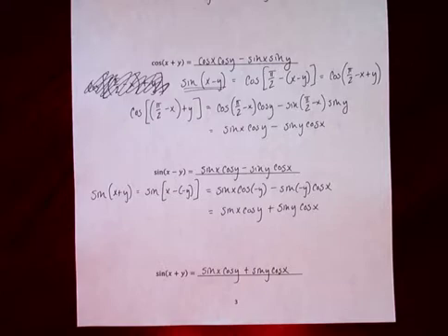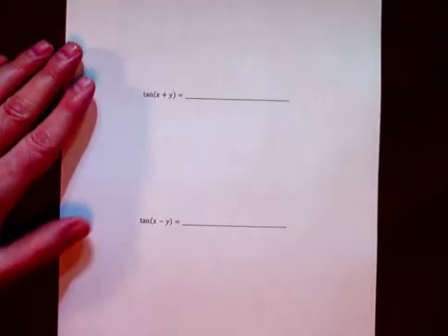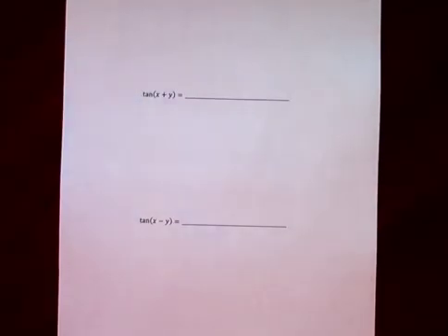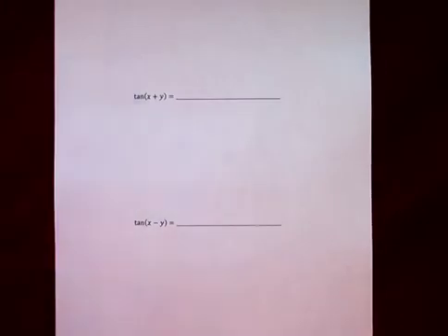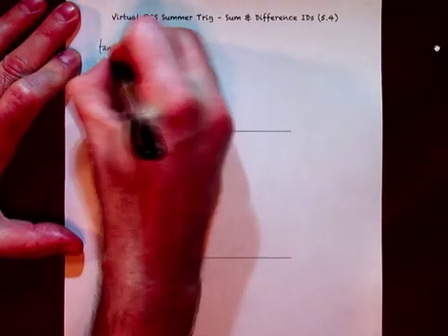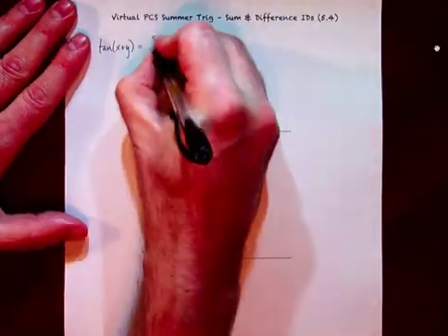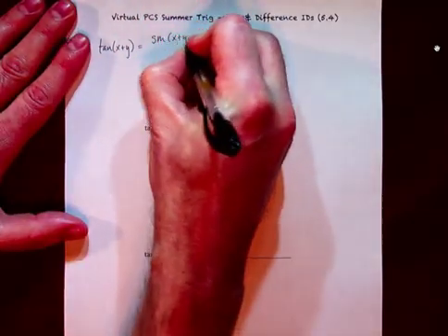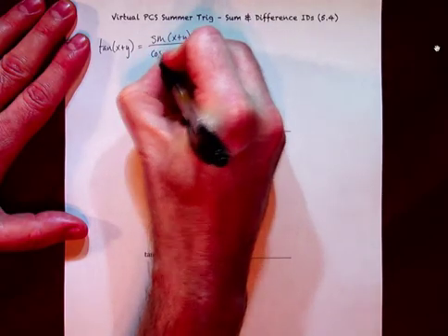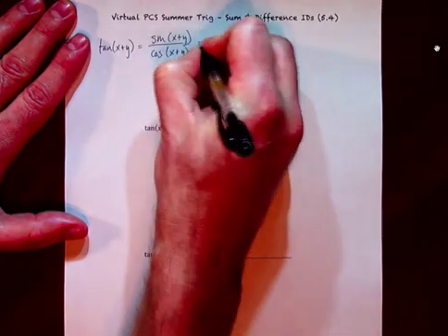Now, what we're going to do from here is combine the sine and the cosine as a quotient in order to arrive at our tangent sum and difference formulas. We should know that tangent of anything is going to be sine over cosine as long as the angle measurement expressions match.